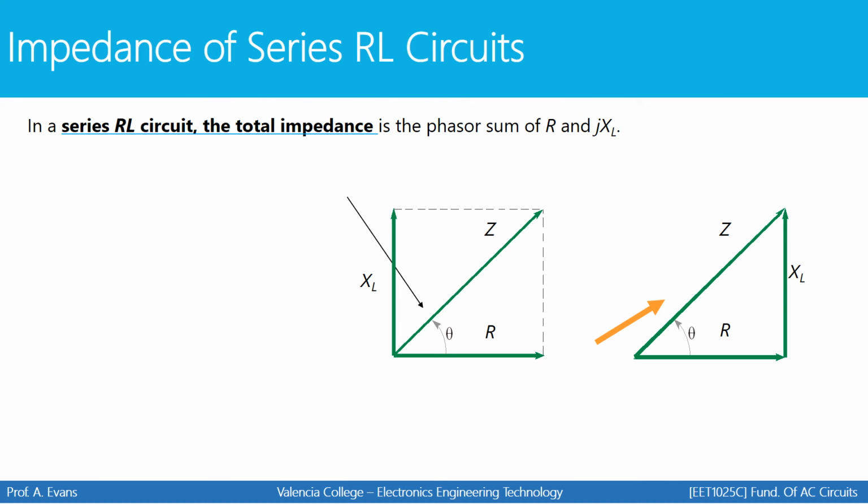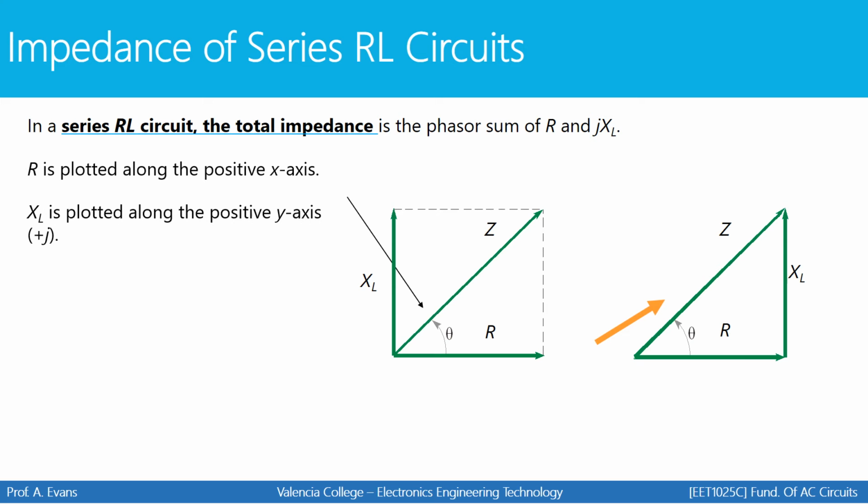So we can draw an impedance triangle for an RL circuit in the same way that we can draw an impedance triangle for an RC circuit. R is plotted along the positive x-axis. XL is plotted along the positive y-axis because it's a plus j term. With the impedance of series RC circuits, we saw the XC value drawn below the x-axis.